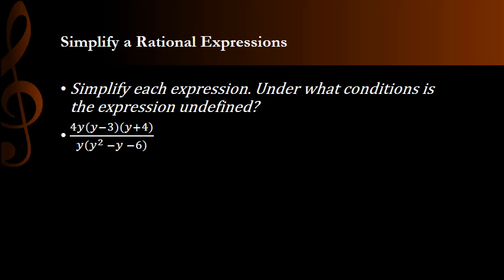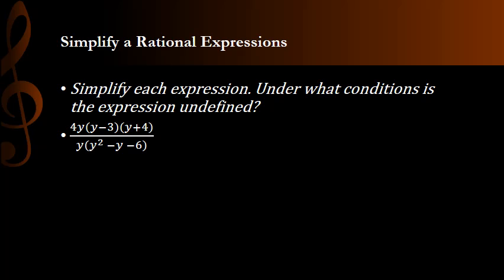So here we've got 4y times, in parentheses, y minus 3 times, in parentheses, y plus 4 over y times y squared minus y minus 6. Now in the numerator, the 4y is a monomial, the y minus 3 is a binomial, the y plus 4 is a binomial, and then we got a monomial in the denominator in the form of just y, and then we got a polynomial in the y squared minus y minus 6.